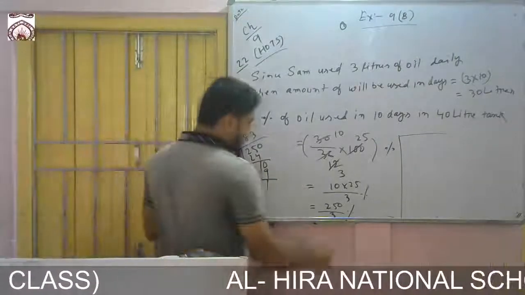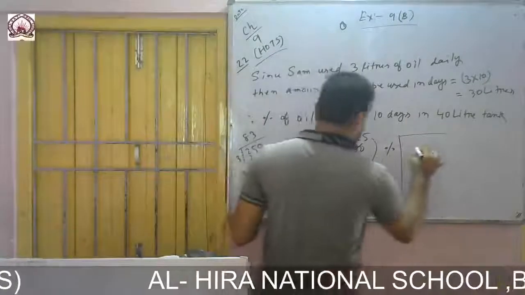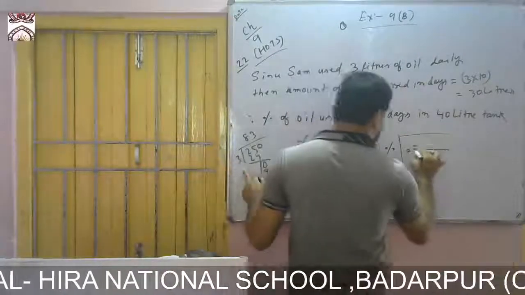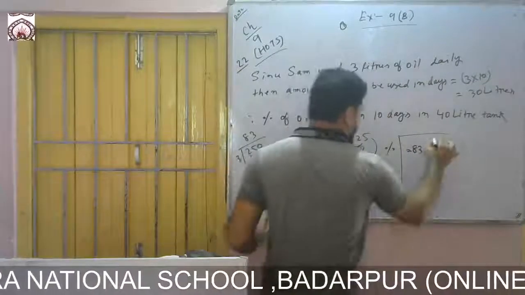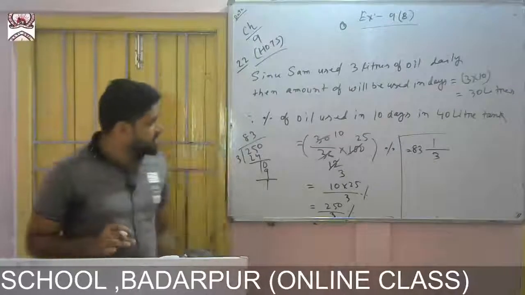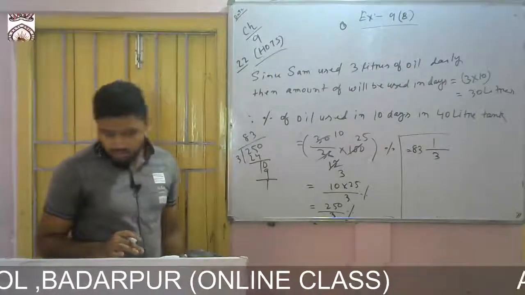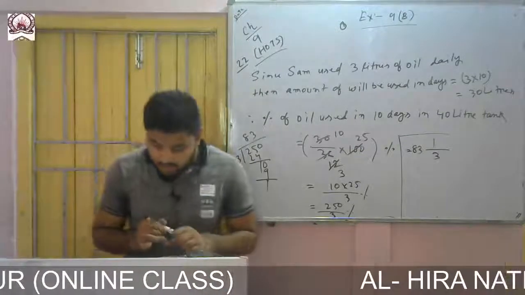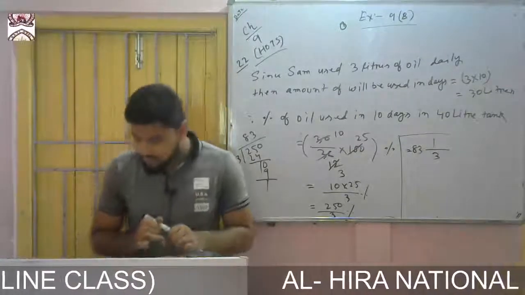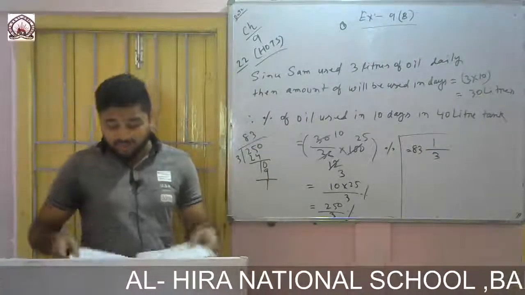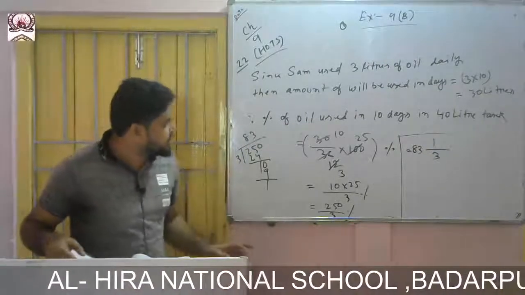If you take it as a mixed fraction, it will be 83 1 by 3. So the answer is 83 1 by 3.